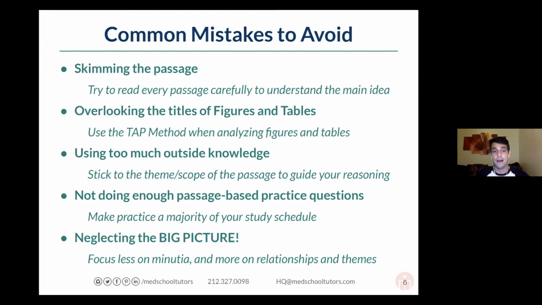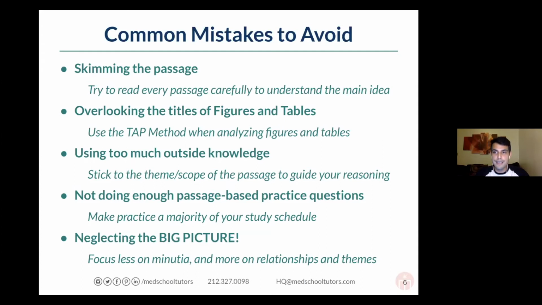The MCAT is about understanding the fundamental concepts, knowing that it goes DNA, RNA, protein, knowing that polar and non-polar don't really mix, things like that. And then applying them in the context of these complex passages, right?